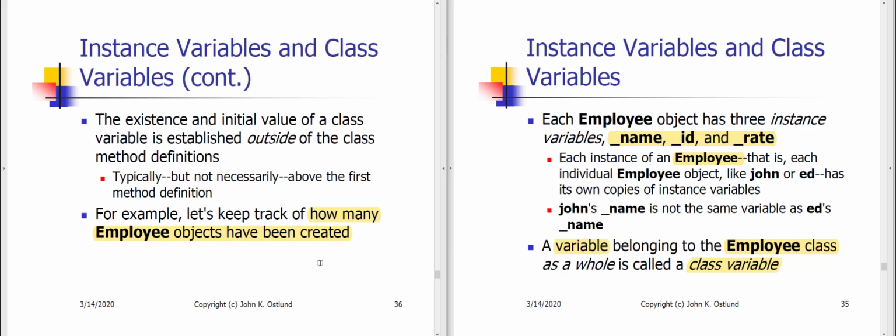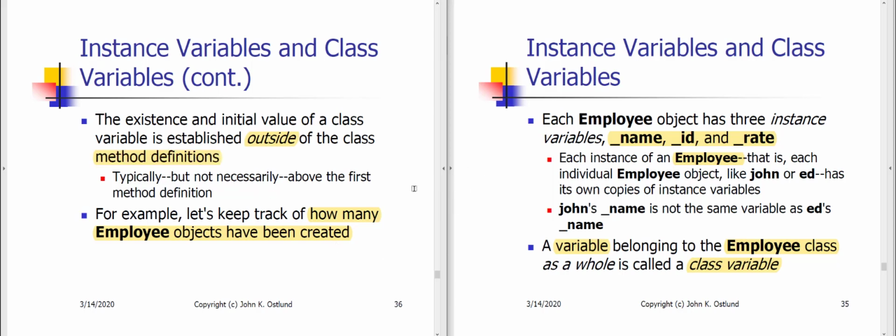But it is useful for the employee class as a whole to know how many employee objects have ever been created. And we could also keep track of how many employee objects have been destroyed, that is fired from our company or whatever. In order to set up this class variable, we define the class variable outside of any of the method definitions.